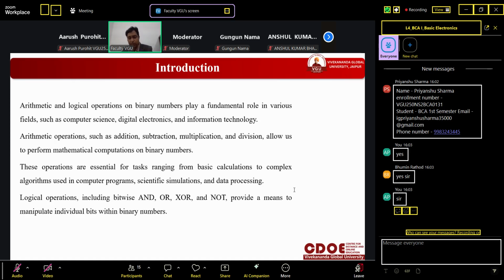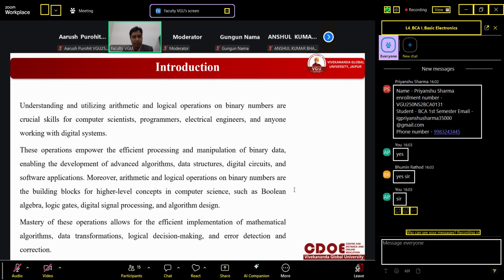So we should have the ideas of all the gates. I'll give you the overview before starting that, but you should have at least the basics. So what is the basic concept behind all the arithmetic operations? Before that, you should know what the normal operation means. You have added two numbers, 2 plus 5 is 7, right? This is decimal addition.